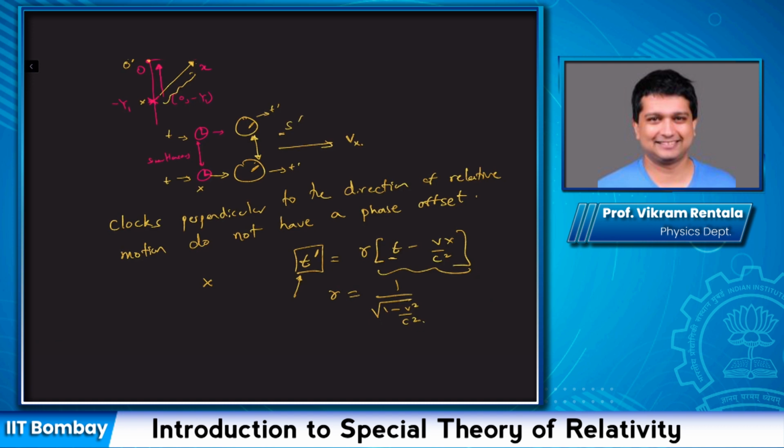Now let's try to understand the same effect from the principles of special relativity. So let's suppose that we have an observer S in a frame S, and they have a rod of length L with them.